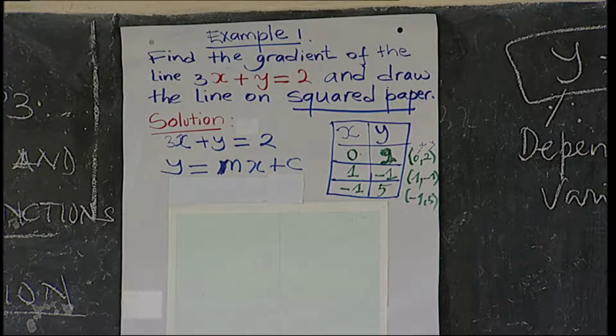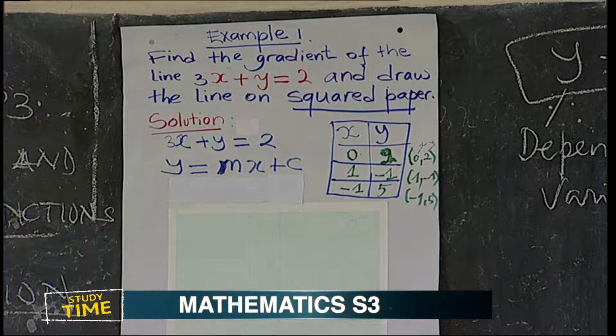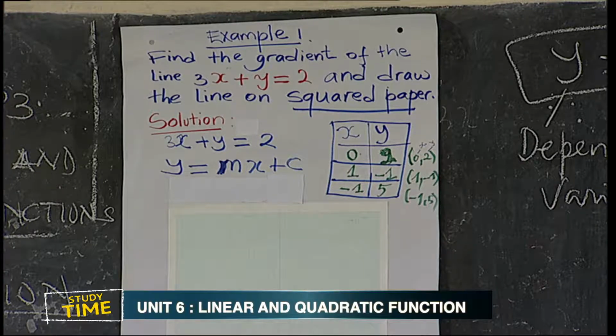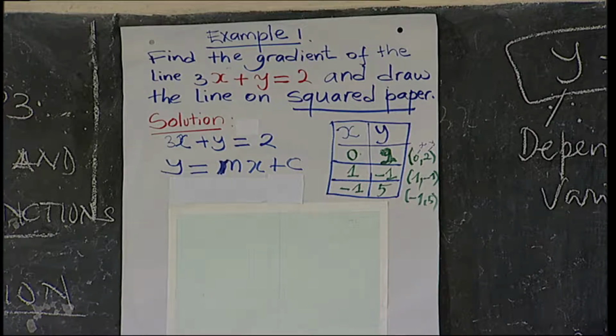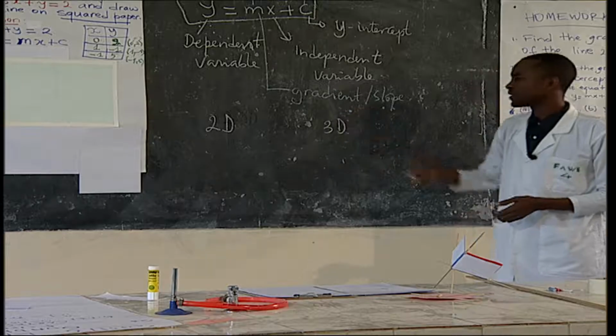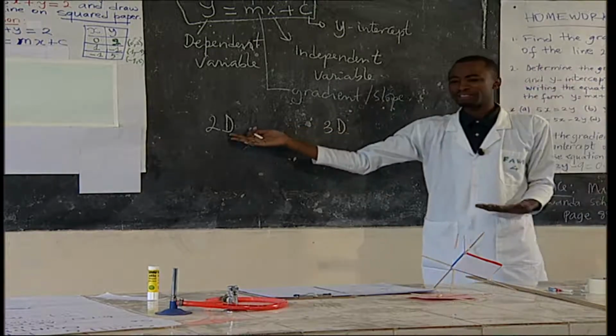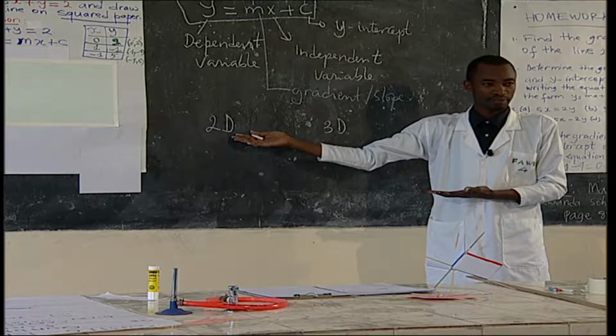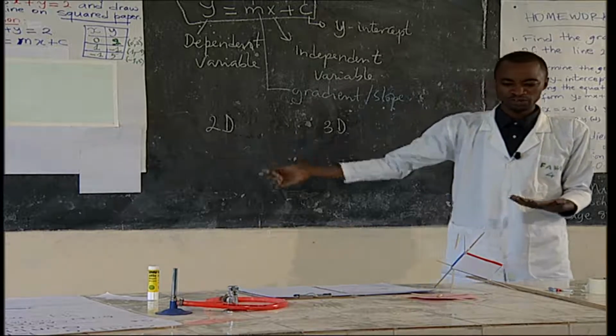But there is also one thing that I want you to remember. What is a Cartesian plane, and how can I know it? There are two things you might have seen in books, or maybe on the internet. There is a time you can see 2D, and there is a time you can see 3D. Whenever you see 2D written somewhere, this means 2 dimensions. This is actually a Cartesian plane.